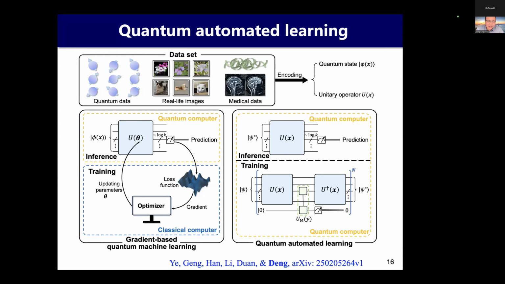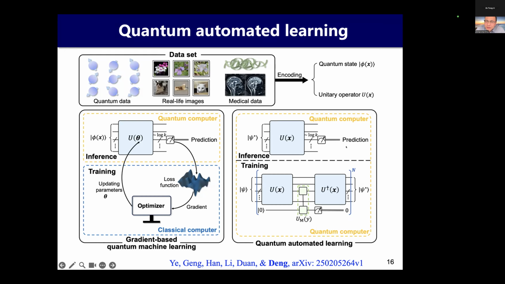Then at the end of the day, you end up with some optimum theta star, and your neural network is trained. In the inference stage, you have some new image X, and you do the same thing. You encode it into phi-X, go through U theta star, and you measure some of the qubits to make the prediction whether it is a cat or a dog.